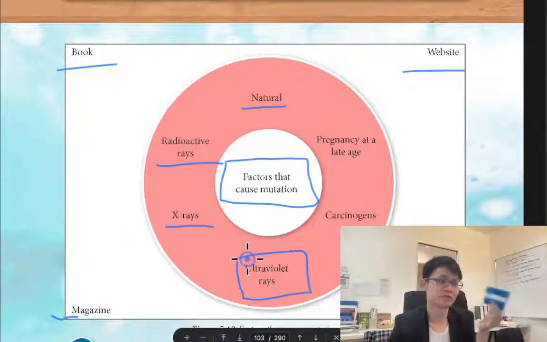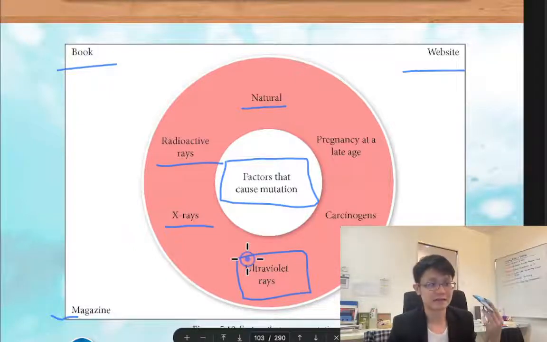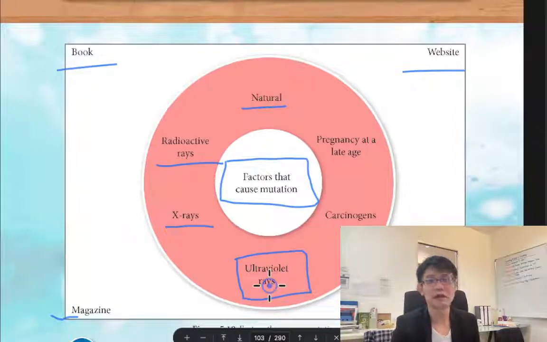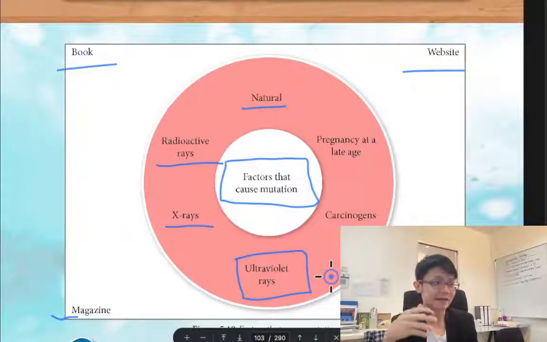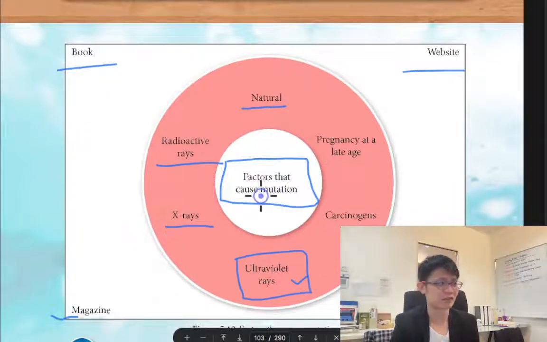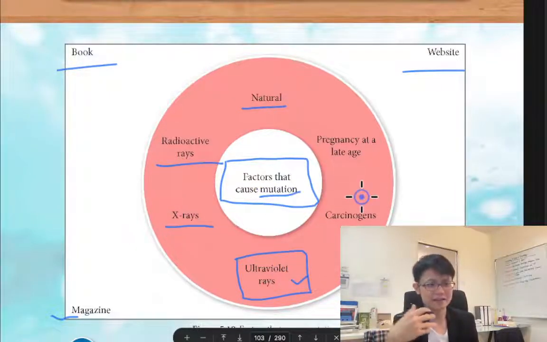If I put in the box, which one will spoil faster? Of course, under the ultraviolet sunlight, so it is not healthy. So sometimes I go out, I try not to go out at 12 o'clock because we learn science so we need to plan. I try not to balik kampung at 12 o'clock because there is ultraviolet light and you can see here it causes mutation and it's not healthy.